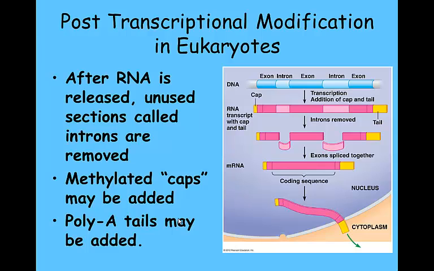The introns are intervening sequences that aren't part of the code for making a protein. So one of the things that can happen during post-transcriptional modification within the nucleus before the RNA leaves the nucleus is the introns will be removed. We also add caps and tails onto the RNA transcript that help stabilize it and allow it to function for a longer period.